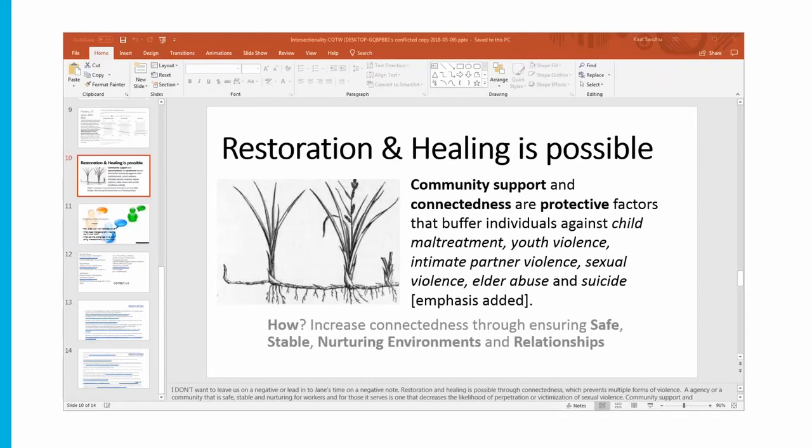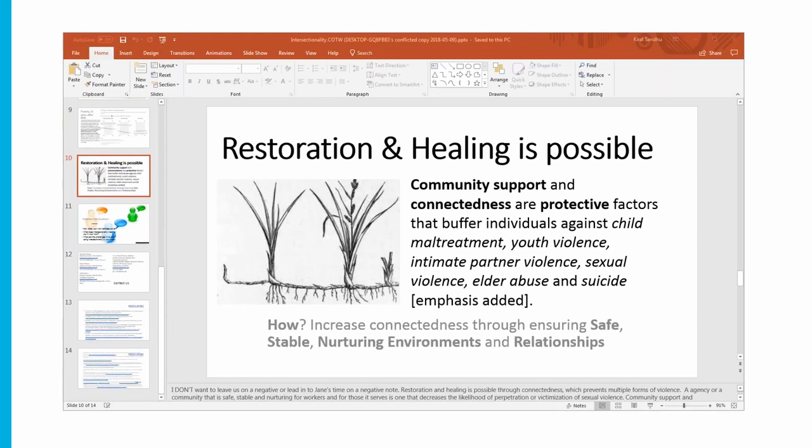So I just want to emphasize really that after a blank screen, the restoration and healing slide has appeared. There is a black and white illustration of 4 plants with shared roots in different stages of growth. On the left is barely a bud. Next is a fully grown plant with long, thin leaves. Next, the fully grown plant is flowering, and the last plant has been cut down to just the stem.